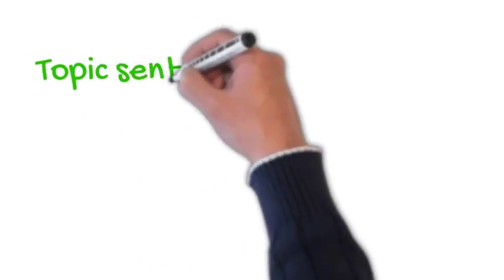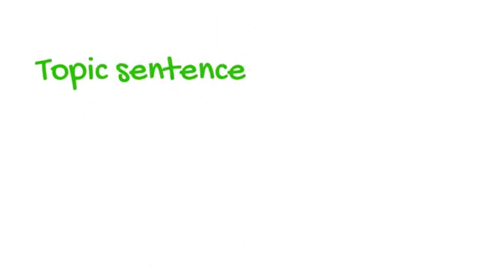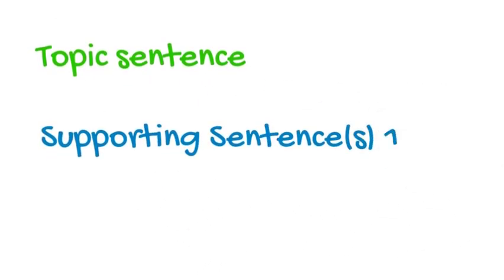Remember that the structure you can use for your main body paragraph is topic sentence to introduce the topic of this particular paragraph, a supporting sentence, which could be, for example, a reason to agree or disagree, or in a different essay, a problem or solution, or explaining what you wrote in the topic sentence.